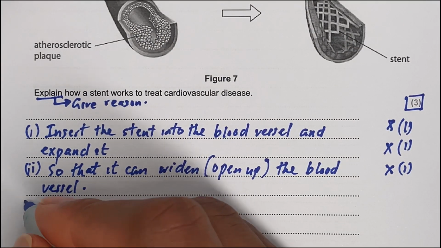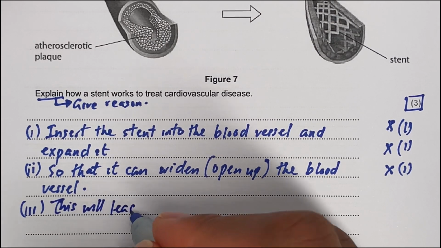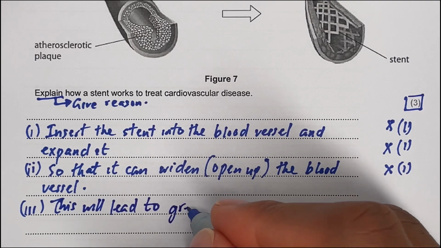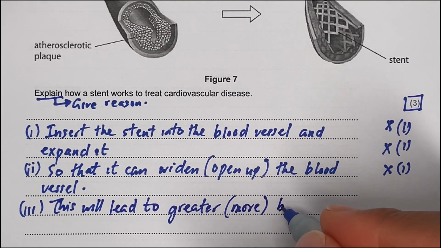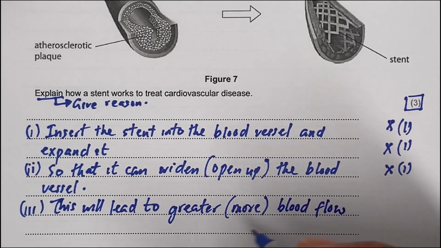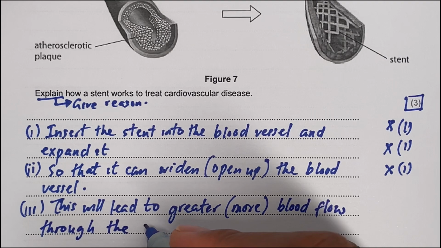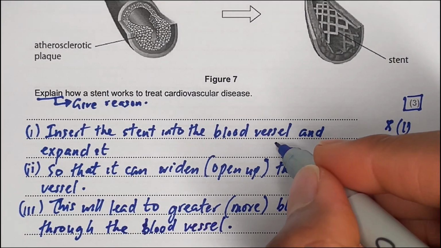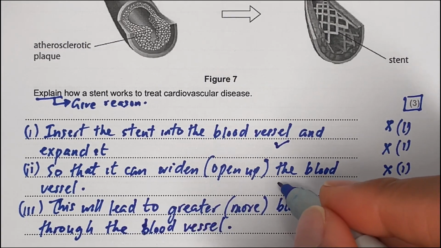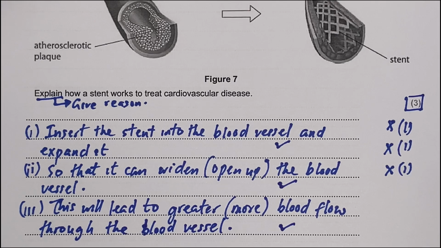The effect will be, this will lead to greater, or you can say more, blood flow through the blood vessel. So I've made my point, how it works. I've made my point, the reason, then another reason. So I've gotten my complete 3 marks.